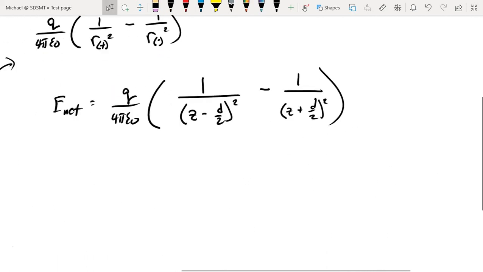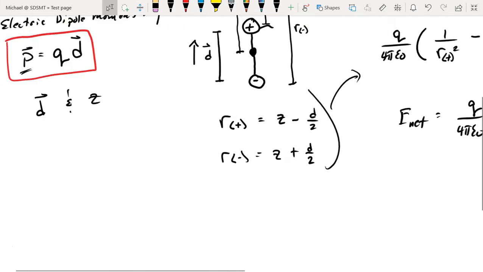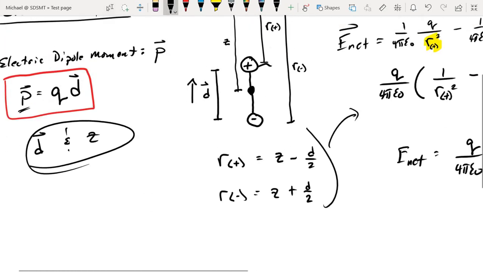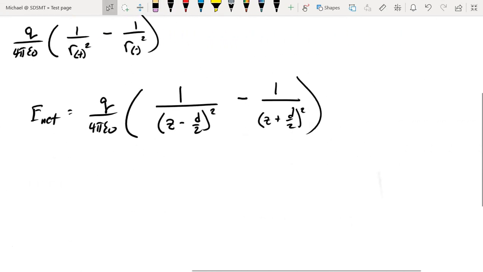And the next step, now that we have things written in the form that our author wants, using D and Z, we need to figure out how we're going to combine these two fractions. And back in elementary school, we learned that the only way that we can combine fractions is if we have a common denominator.